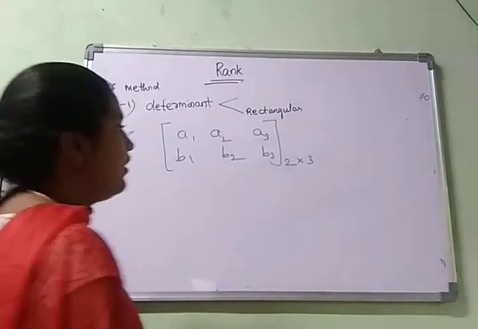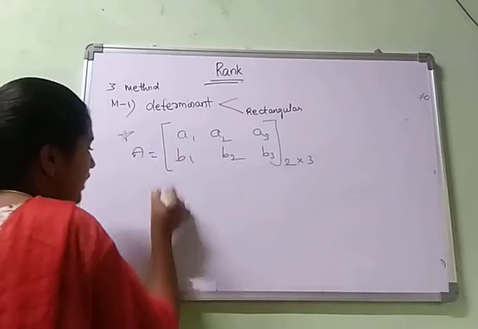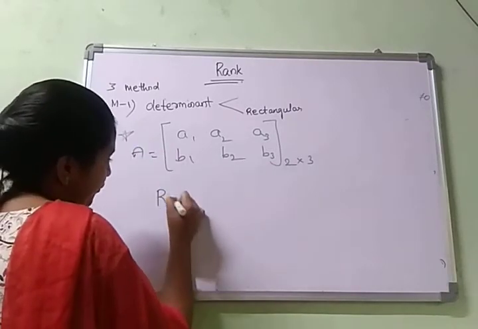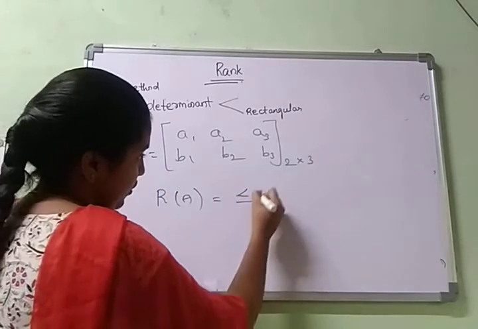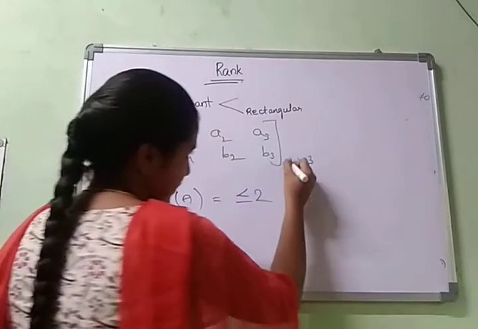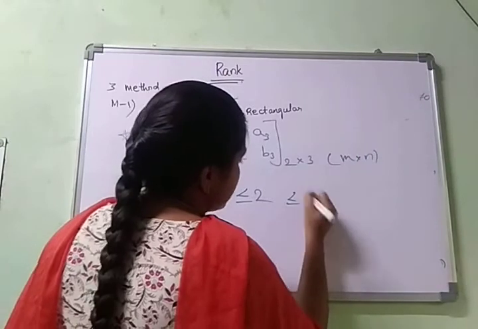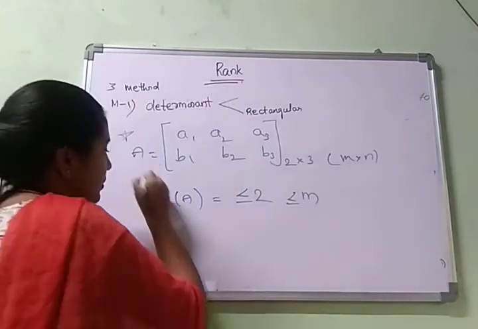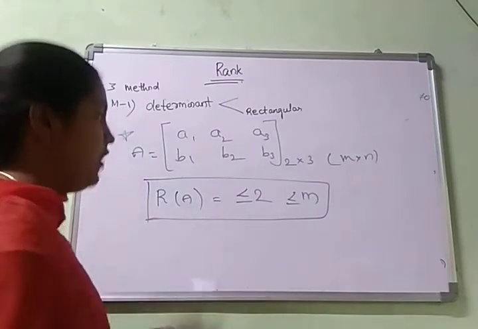So here the rank of A will be less than or equal to 2. It means that in the case of an m into n matrix, the rank will be less than or equal to m. This is an important thing, keep it in your mind.